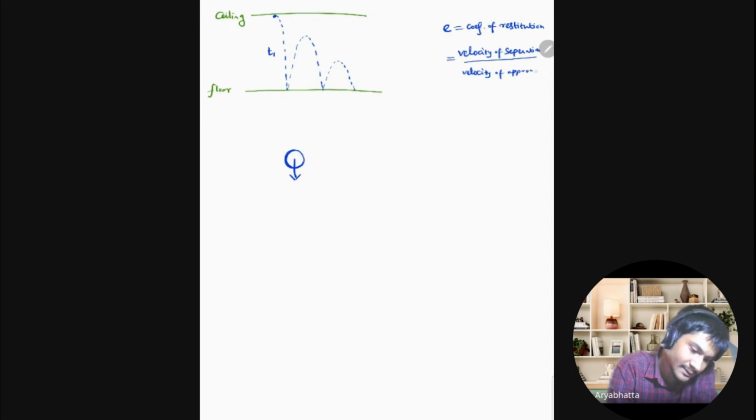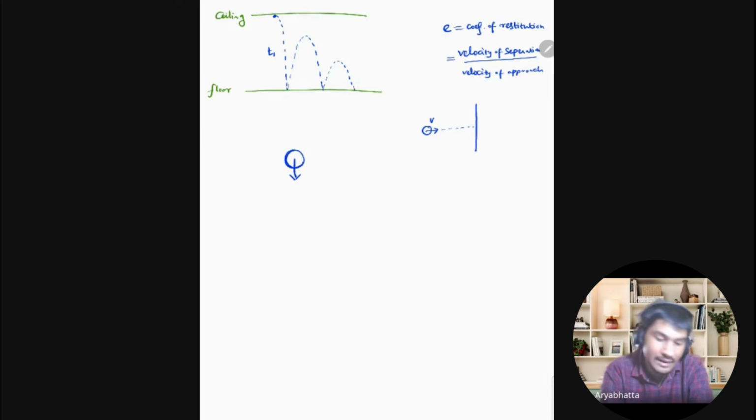That means, suppose there is a surface here and I throw a ball with initial velocity v. So this is our velocity of approach. And after collision, suppose the ball comes back with a velocity v prime. So this is our velocity of separation. Then our e will be v prime by v.